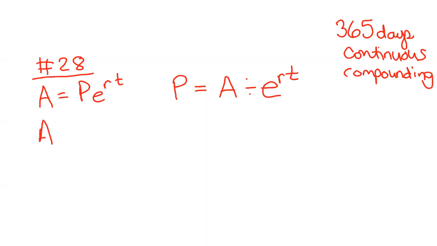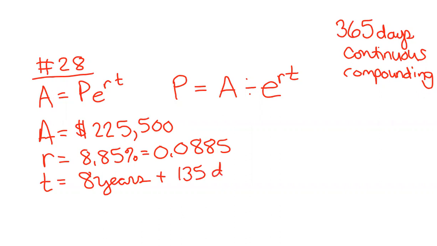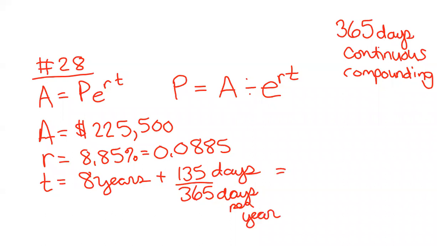They tell us that this time around, we have a future value of $225,500 at a rate of 8.85%, which for us in decimal form is 0.0885, compounded continuously for 8 years and 135 days, which is 135 out of 365 days per year, which gives us a value.